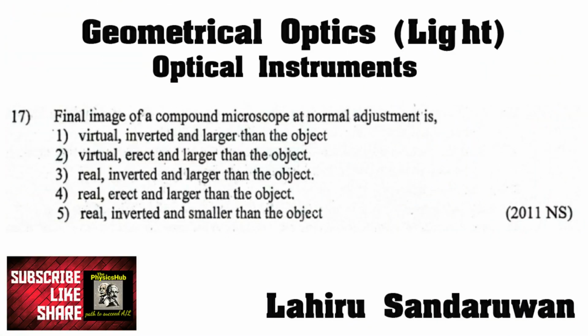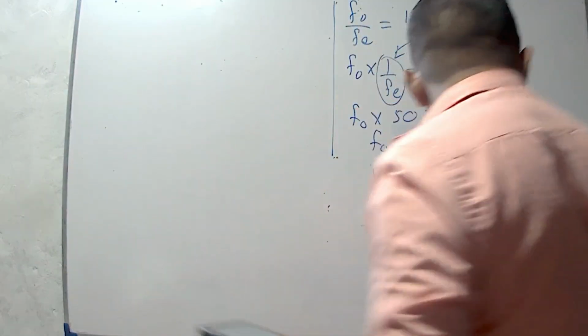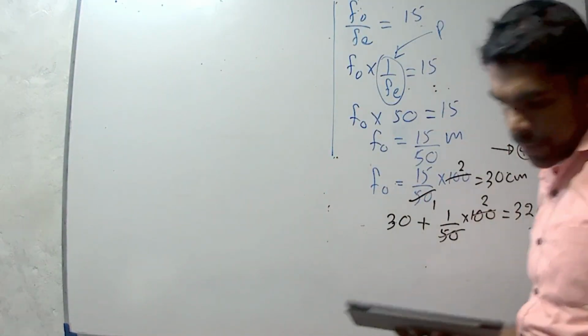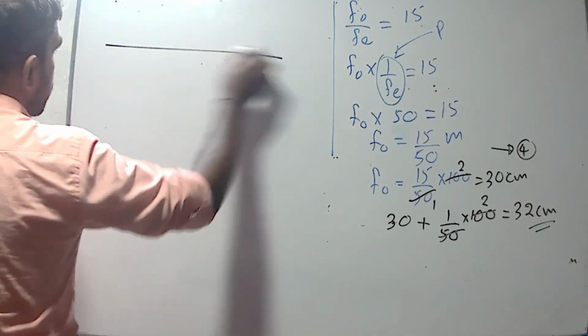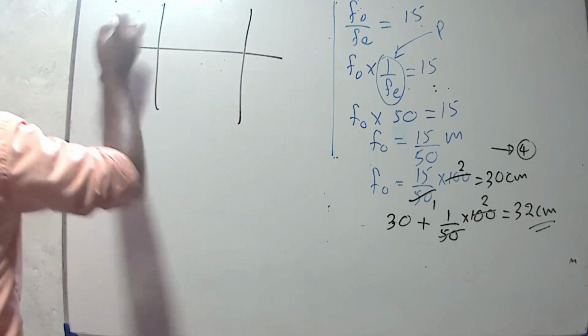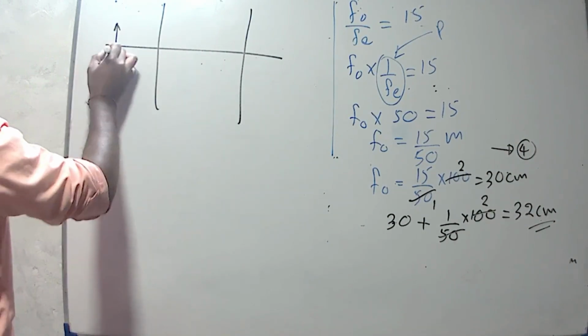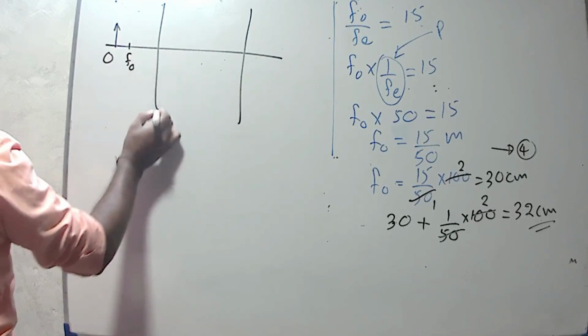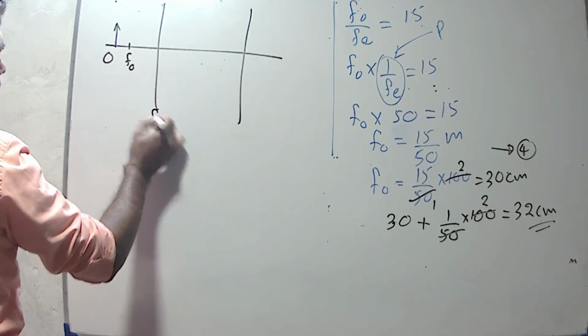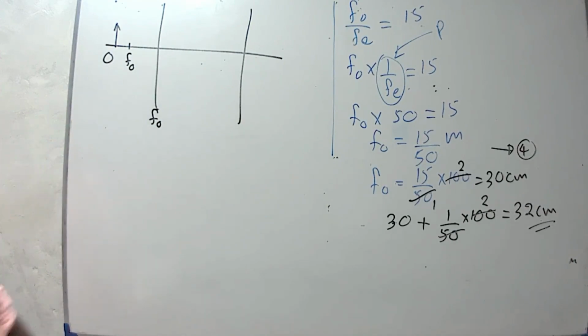Final image of compound microscope at normal adjustment is. For the compound microscope, we know that first image will form due to this object. Object distance should be greater than focal length of objective lens.